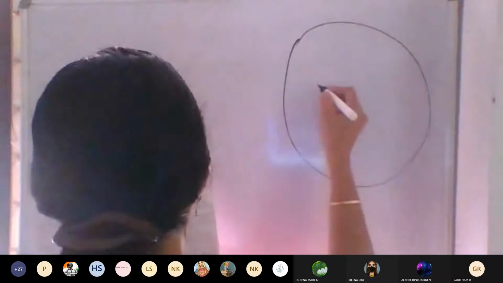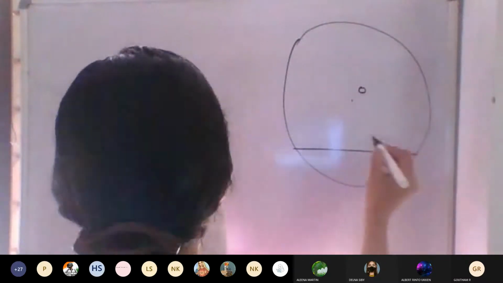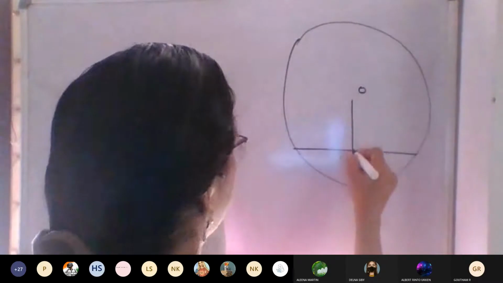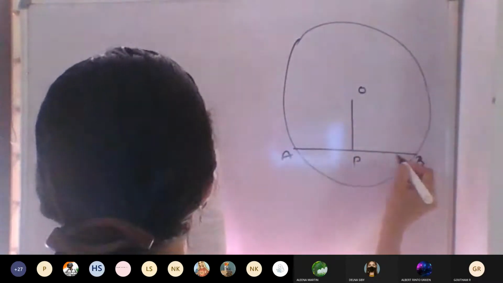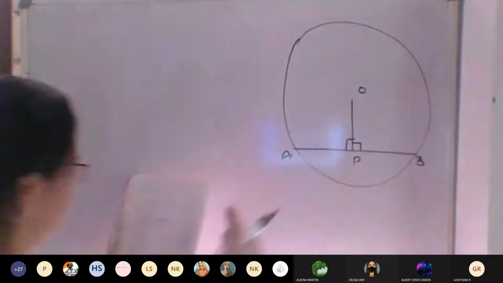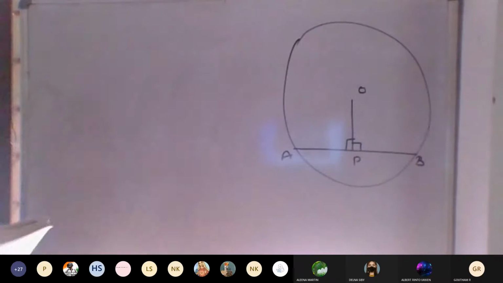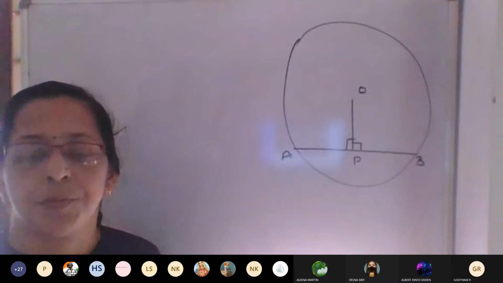So draw the figure. Write today's date. Same as question number 2, same figure. P here, A, B, these two, perpendicular is given there. So before starting, we have to write what is given, then what to prove, then proof.